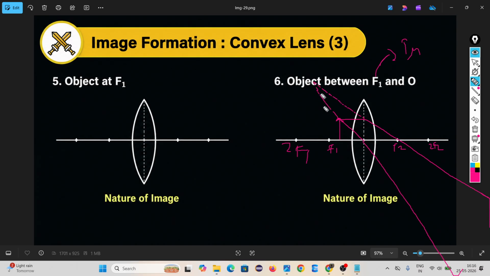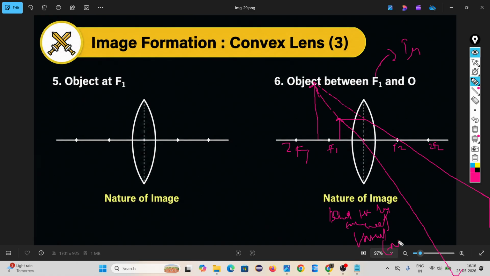When they do not meet, they appear to meet. Where? Behind the lens. And look at the image size: it is enlarged. And appears to meet means virtual.